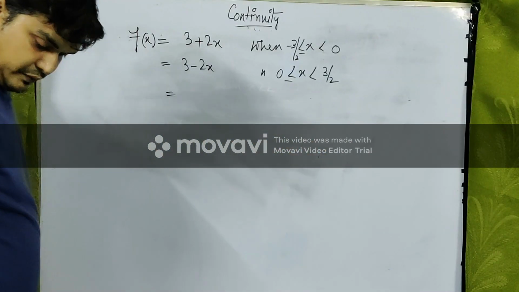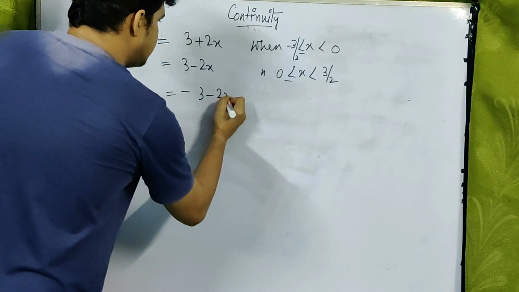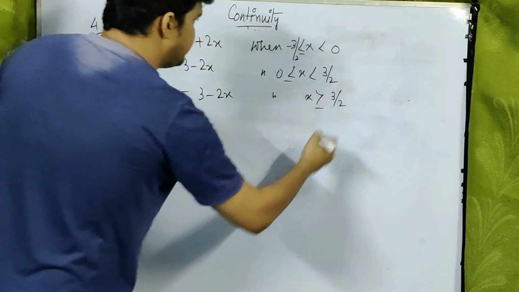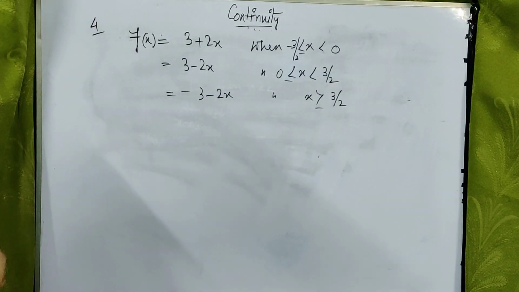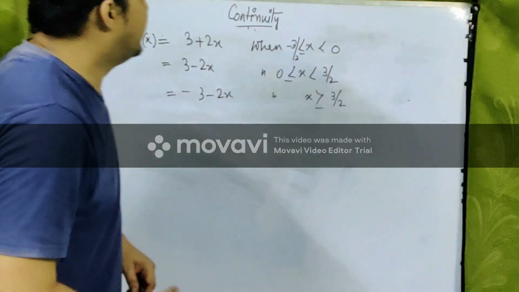And f(x) equals minus 3 minus 2x when x is greater than or equal to 3 by 2. Now we have to show this function is continuous at x equals 0 but discontinuous at x equals 3 by 2.